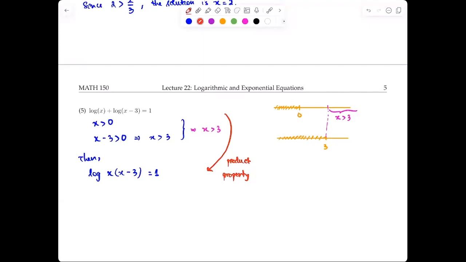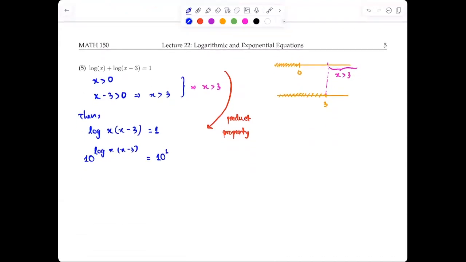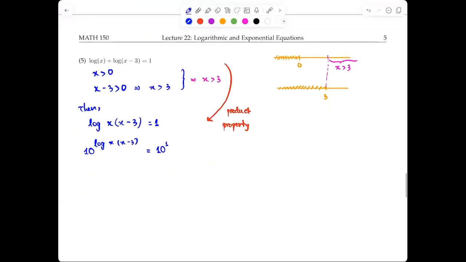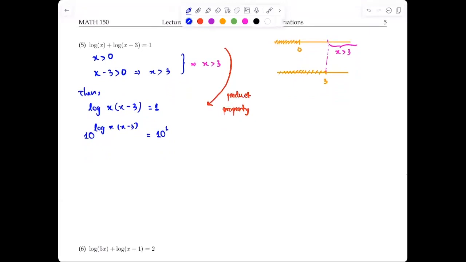So you do 10 raised to log of x times x minus 3 equal to 10 to the first power. Then 10 with log of base 10 cancel out and you're left with x times x minus 3 equal to 10.